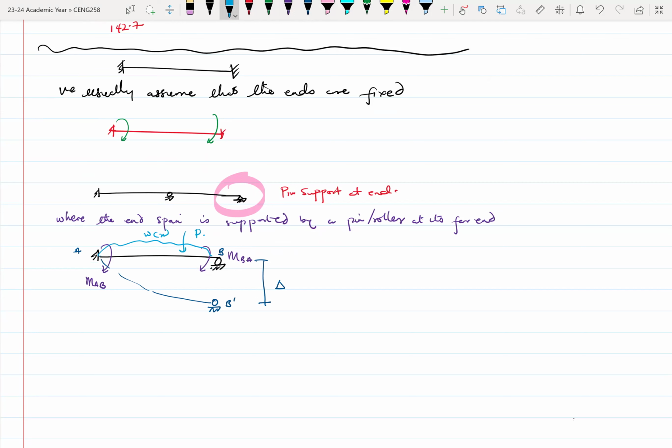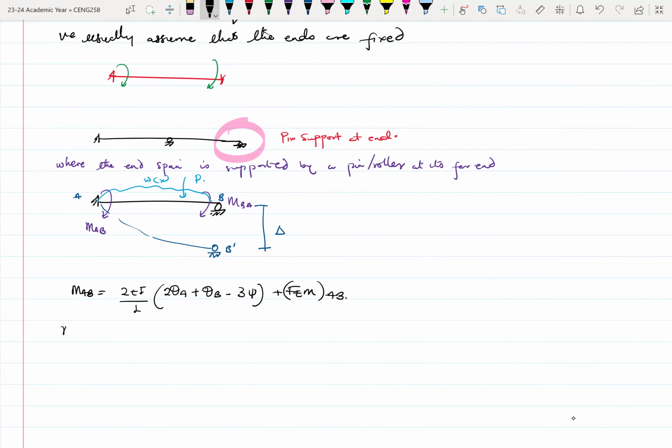So just like the general equation that we had earlier, okay, we know that MAB in this case is 2EI over L (2 theta A plus theta B minus 3 psi) plus the fixed end moment AB. Okay. We also do have that MBA is 2EI over L (2 theta B plus theta A minus 3 psi) plus the fixed end moment at BA.